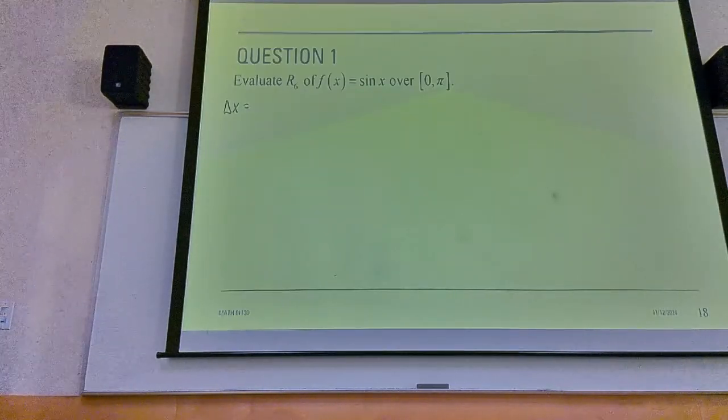So what should the length of each subinterval be? Remember, right endpoint is regular.